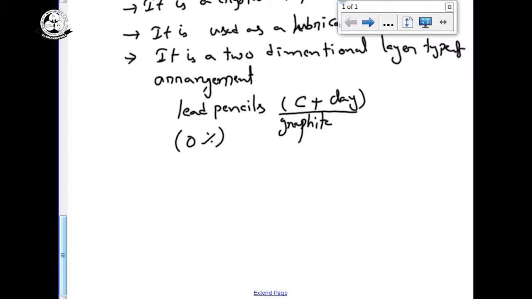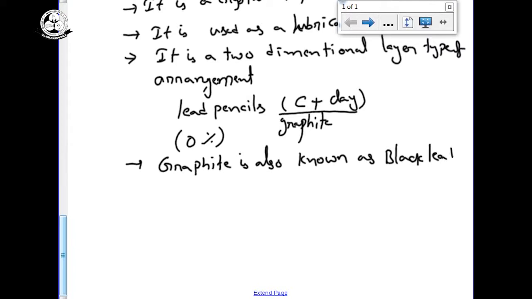Graphite is also known as black lead. The hybridization of carbon in graphite is sp2.